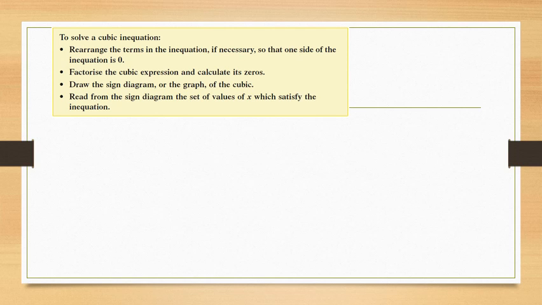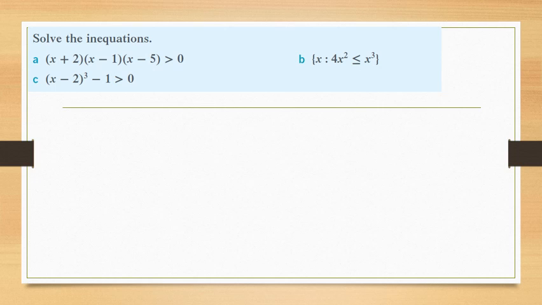Alright, when you're solving inequations similar to quadratics, you need to draw out your sign diagram, and then once you've drawn out your sign diagram, you can easily tell which one it is. So, first one, we have intercepts at -2, +1, and +5. Now this is a positive cubic because there's no negative in the front.